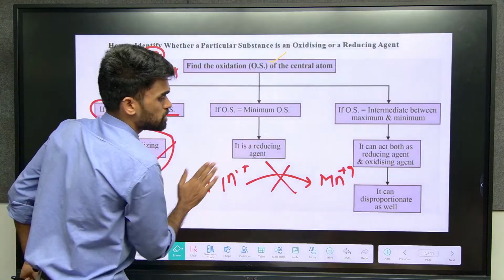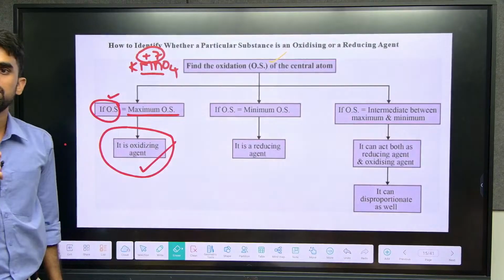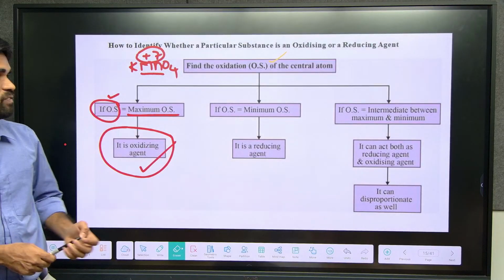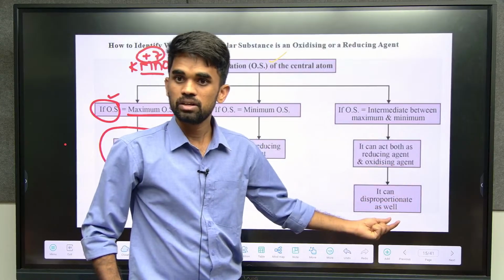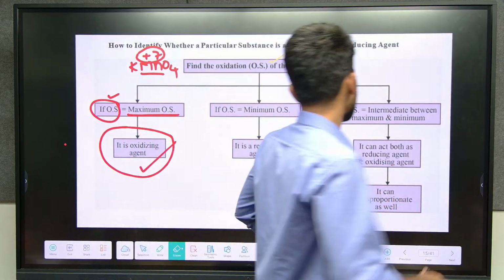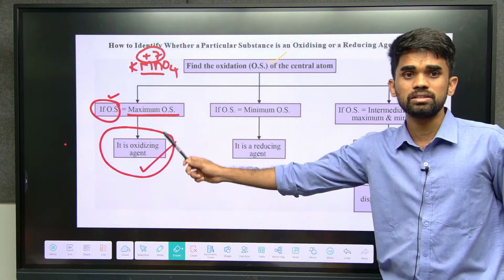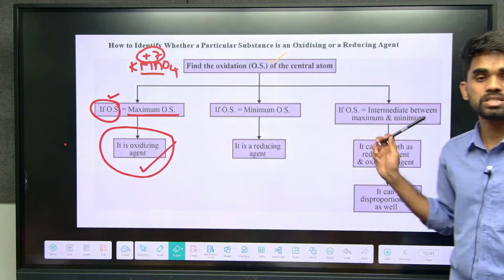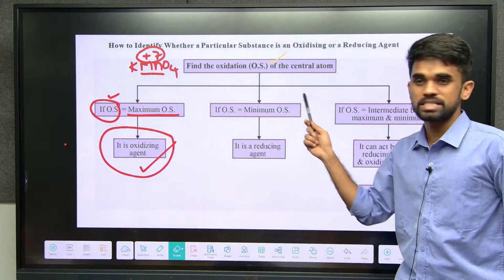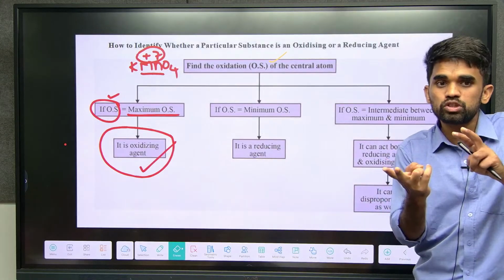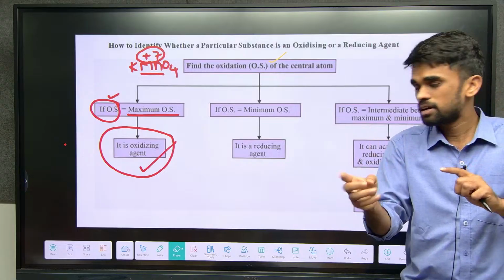So if a species is in its maximum oxidation state, it acts only as an oxidizing agent. If a species is in its minimum oxidation state, it acts only as a reducing agent. So remember this. If it has an intermediate oxidation state, then it has both possibilities: it can act as an oxidizing agent as well as a reducing agent.